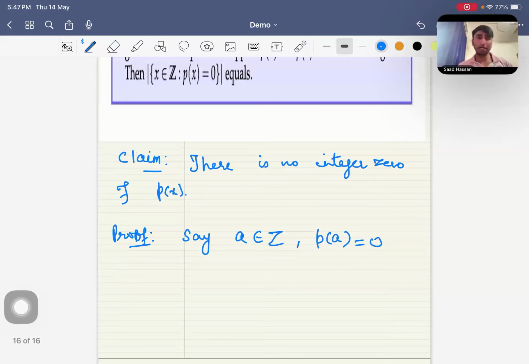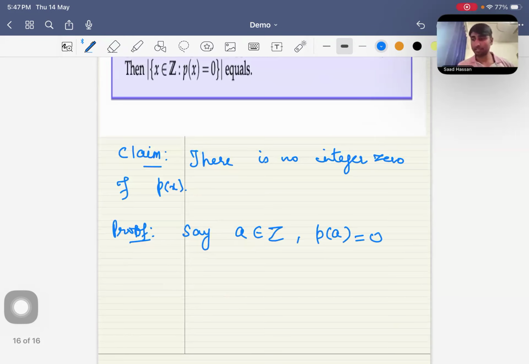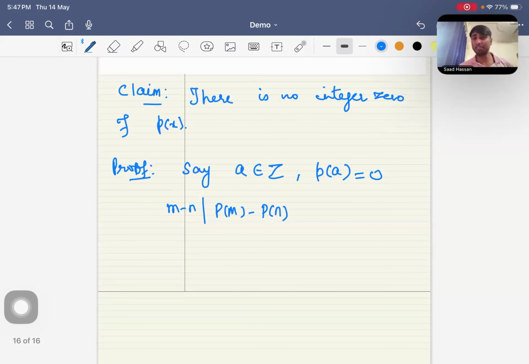And I'm going to draw from the ISI subjective paper where we have proved that if m and n are integers and p is a polynomial with integral coefficients, then pm minus pn is divisible by m minus n. So m minus n divides pm minus pn if m and n are integers and p is a polynomial with integer coefficients, right?